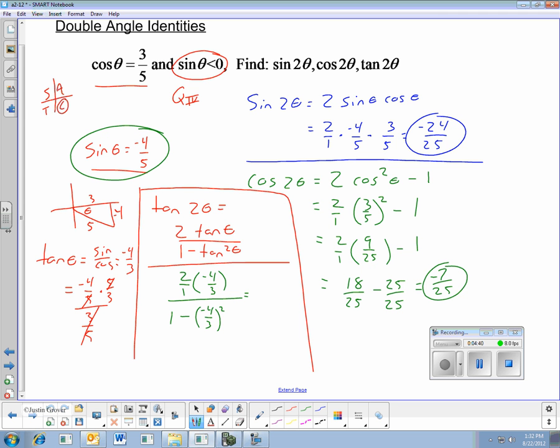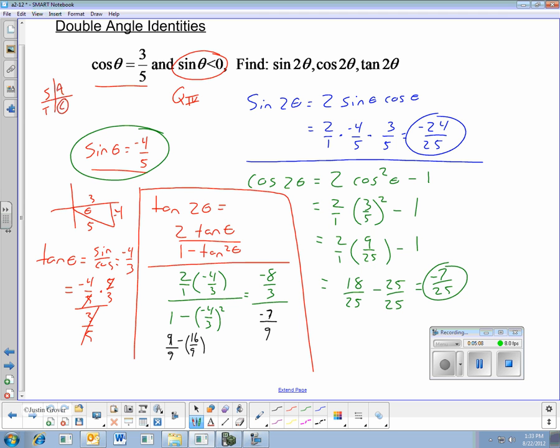The numerator is going to be negative 8 over 3. My denominator here, I can simplify this. 1 minus negative 4 over 3 squared is going to be 1 minus positive 16 over 9. And then I can make 1 into 9 over 9. 9 minus 16 is negative 7 over 9.